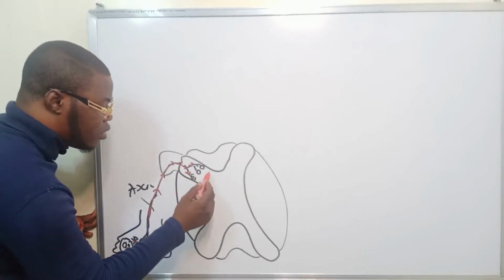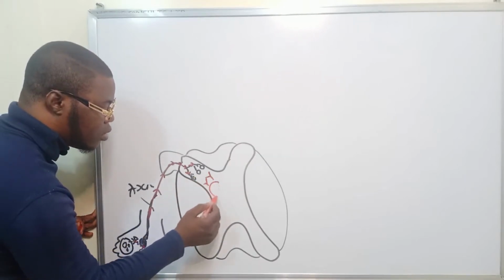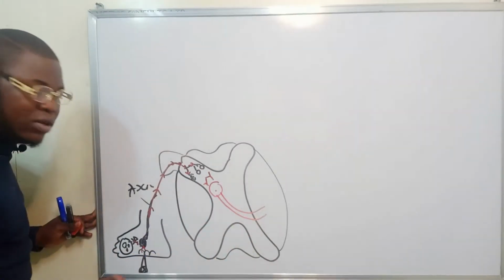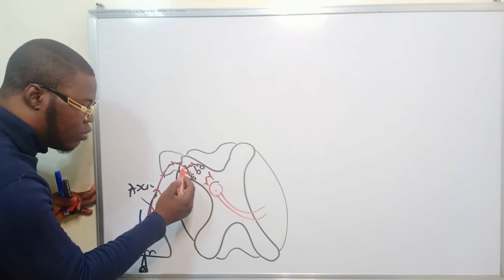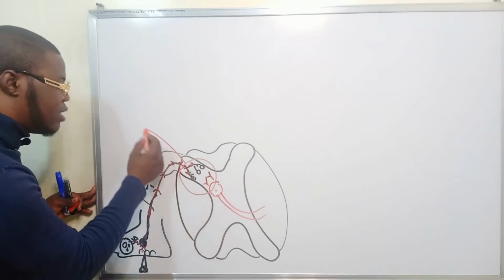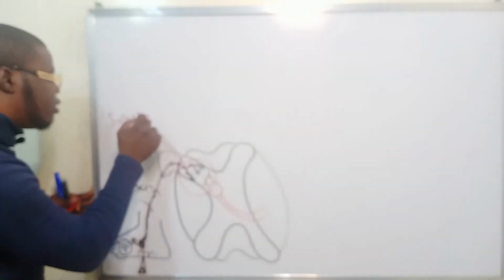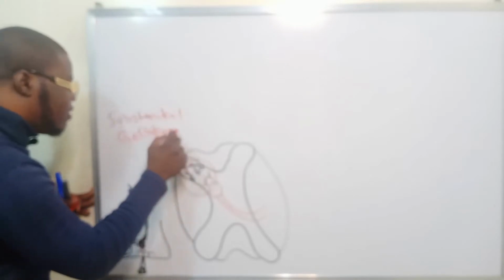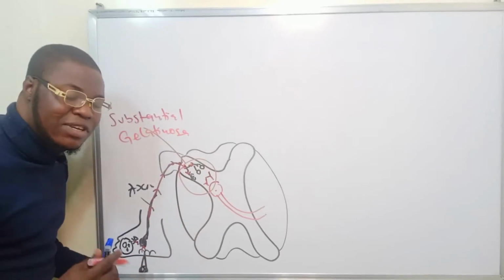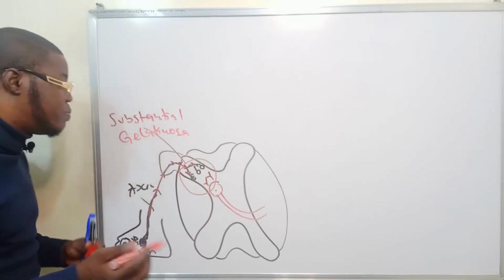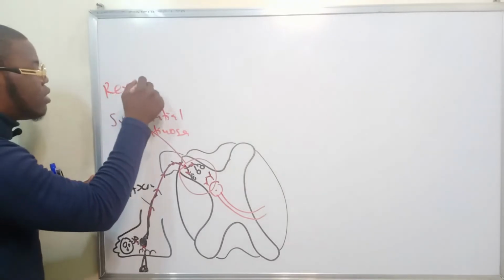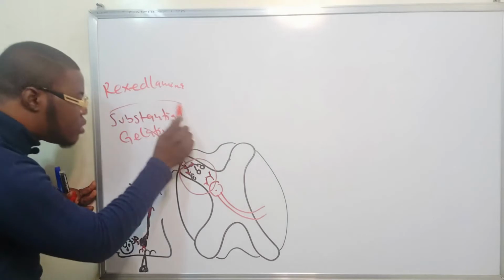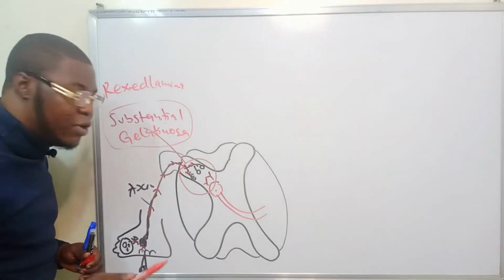So we said it is going to synapse with another neuron right here, and that neuron will carry it into the white matter. So we have a structure here called the substantia gelatinosa of Rolando, substantia gelatinosa for short. Normally, we have different Rexed laminae in the spinal cord, and this Rexed lamina is the one that houses the substantia gelatinosa of Rolando. But you can just leave that for now.